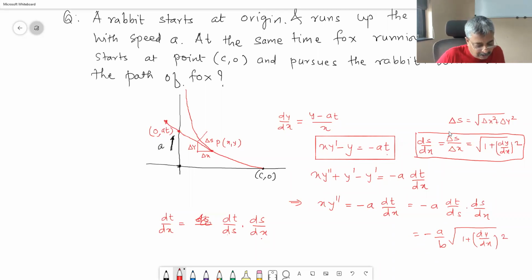And if you give that minus sign one more time, is this minus sign correct here? x y dash minus y is this. So we get plus. So the final differential equation to be solved is x y double dash is equal to a upon b radical 1 plus y dash square.